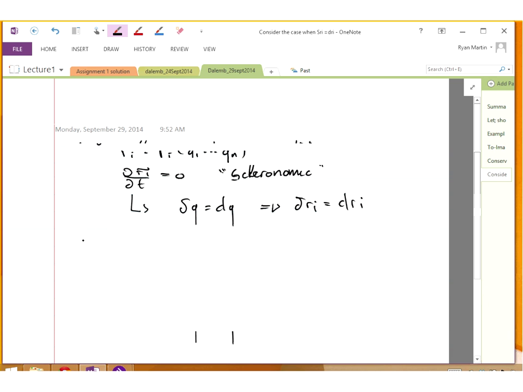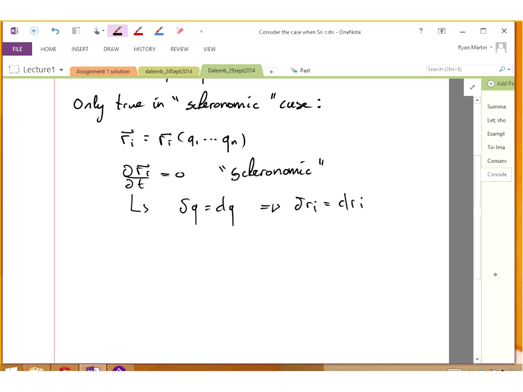Otherwise, if partial r_i by partial t is not equal to 0, so the transformations depend explicitly on time, then delta q equal to dq does not imply that delta r_i equals dr_i. This is always very abstract, but you can always think of the vector r in terms of Cartesian coordinates.